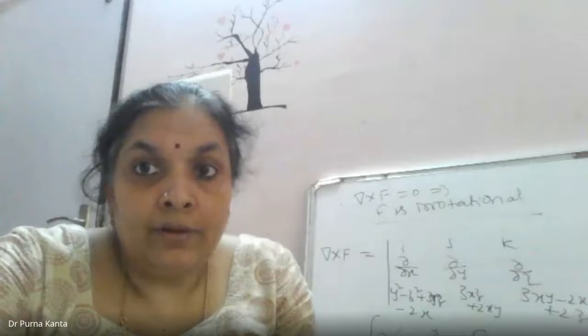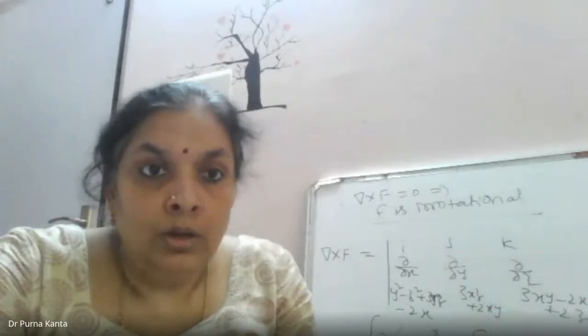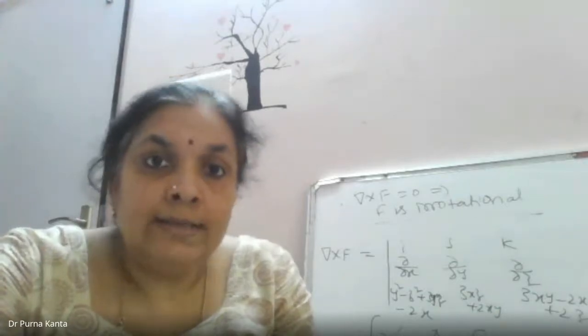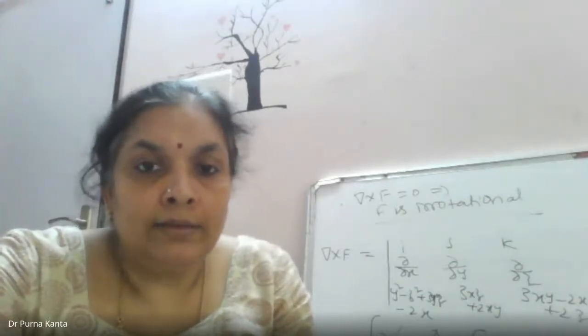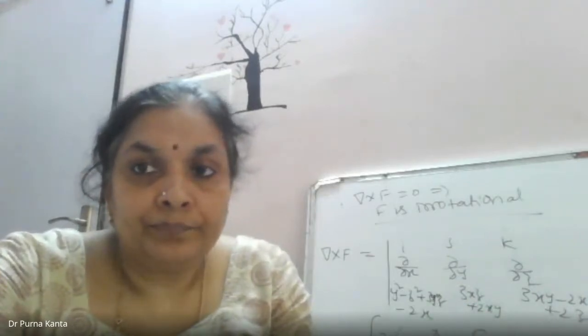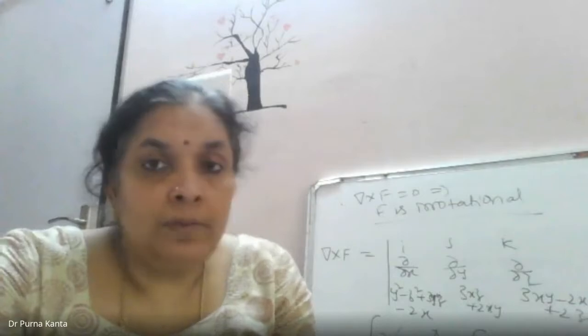For any vector, if divergence of f is equal to 0, we say the vector is solenoidal. For any vector, if curl is equal to 0, we say the vector is irrotational. So those are the two concepts we have learned today. So we have done sufficient problems also.